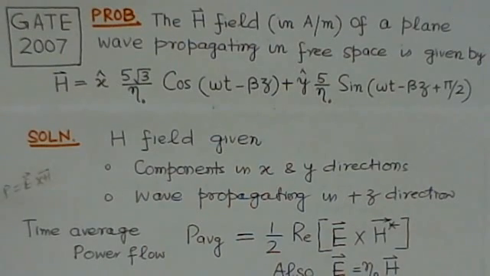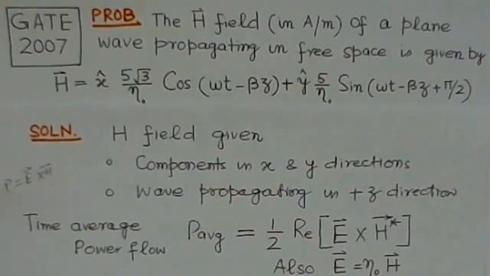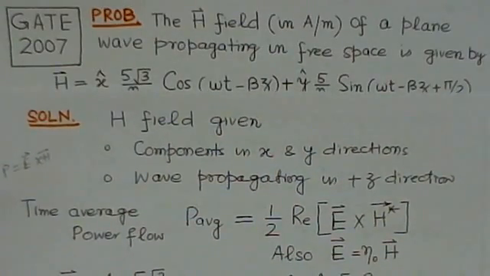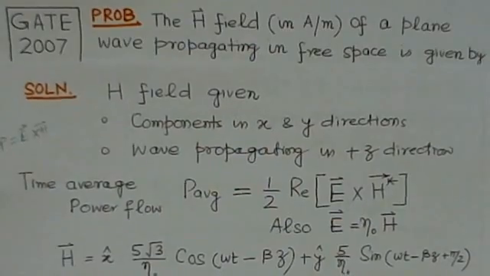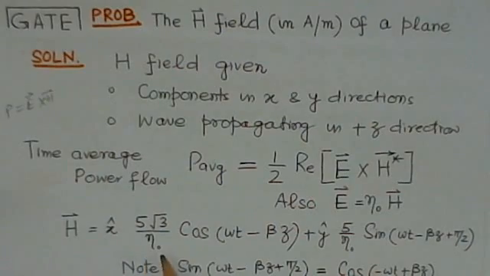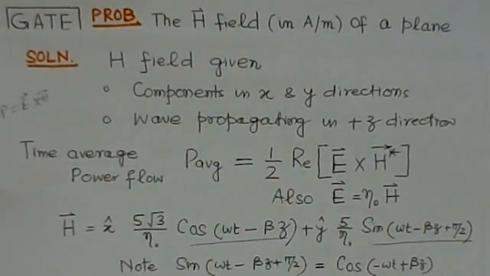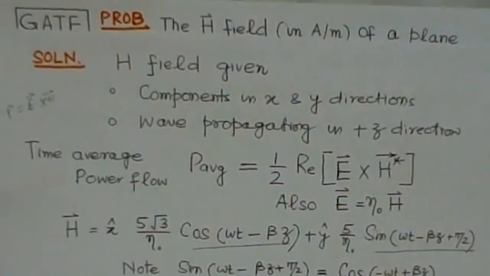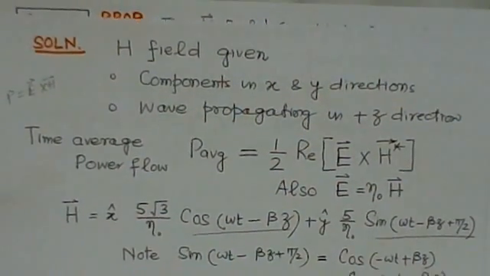And also for the plane waves, we know in free space E by H is eta, or E equals eta naught H. So by looking into the magnetic field part which is given here, we observe this part is cos omega t minus beta Z, and here is sin omega t minus beta Z. We will try to make it identical so that it simplifies our problem further.